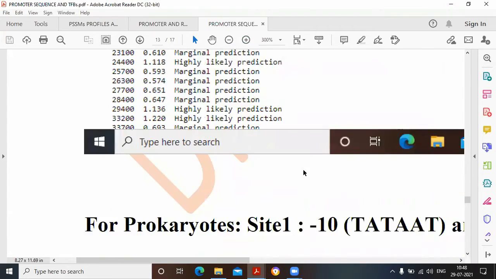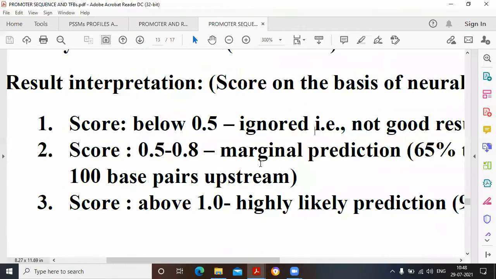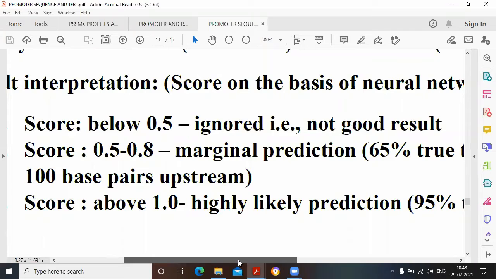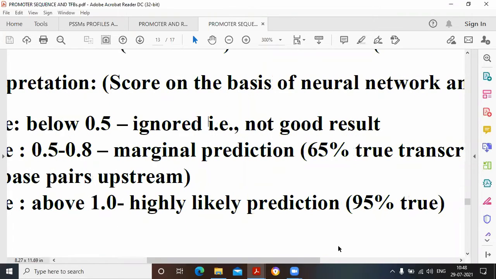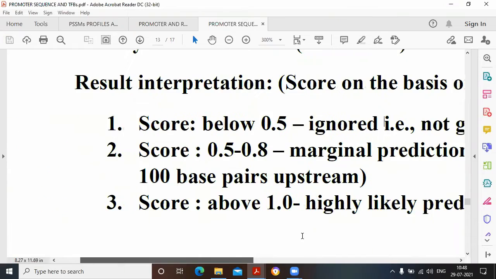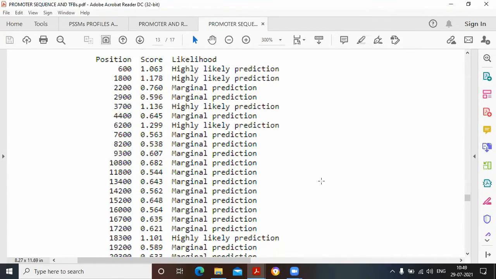If the score is 1.0 or more, that is a highly likely prediction, meaning 95% confidently the software has predicted this part, and definitely we can use those parts.